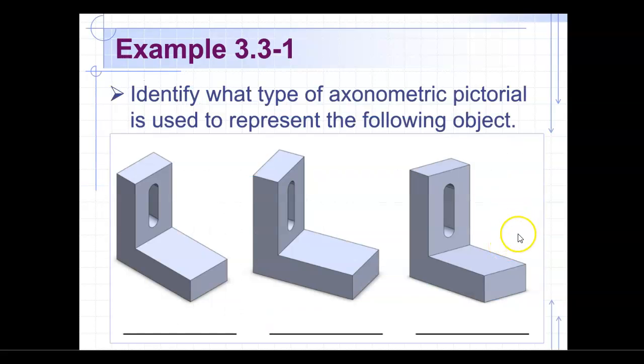So what types of axonometric pictorials are used here to represent the following objects? Take a look at that and see if you can guess what these are. Of course, the first one is isometric. The second one here is trimetric. Notice these angles are not the same.